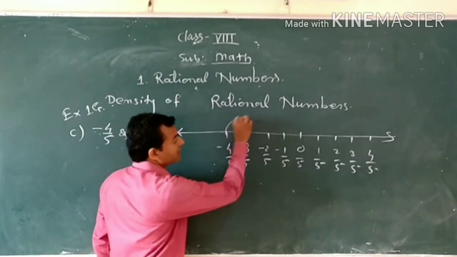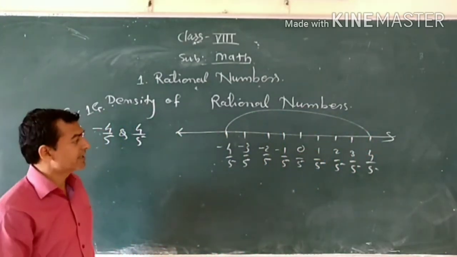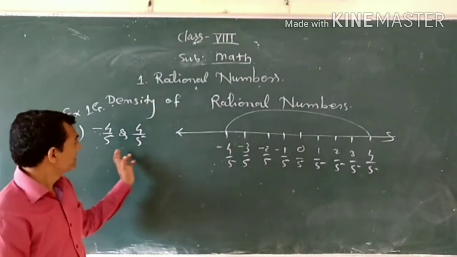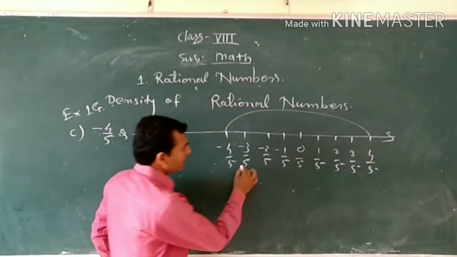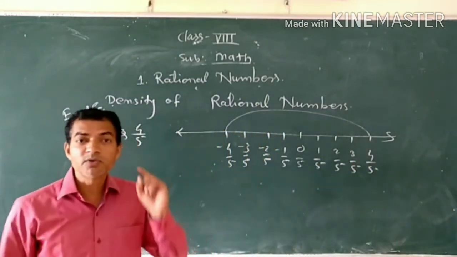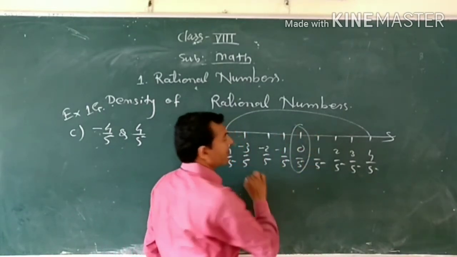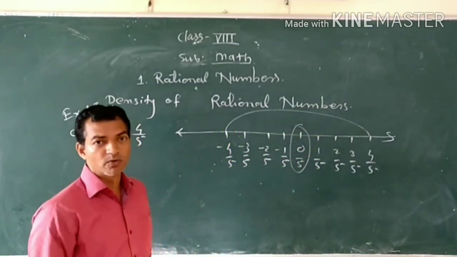Between these two rational numbers, which is the exact middle number? Between these two rational numbers, there are 1, 2, 3, 4, 5, 6, 7 rational numbers. But you have to tell me the exact middle one, and that is 0 by 5. 0 by 5 is what? 0.